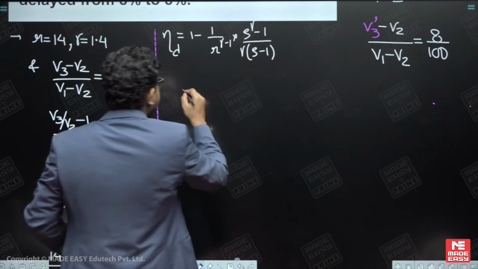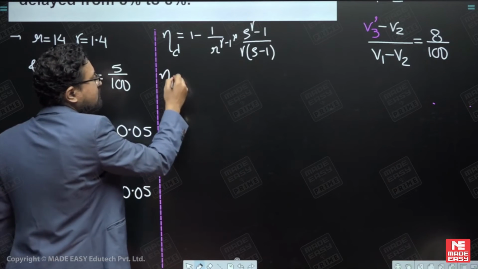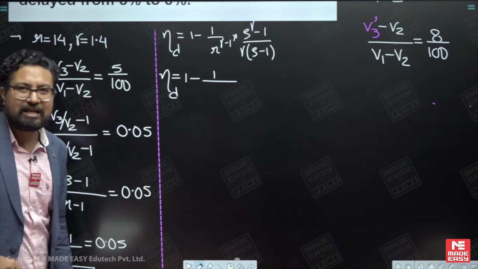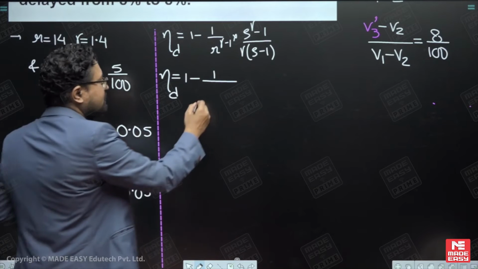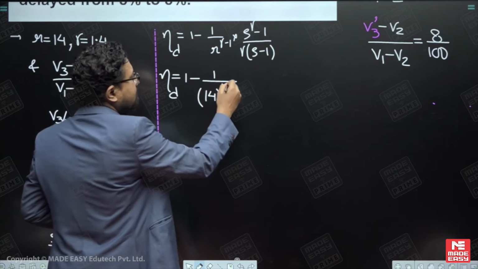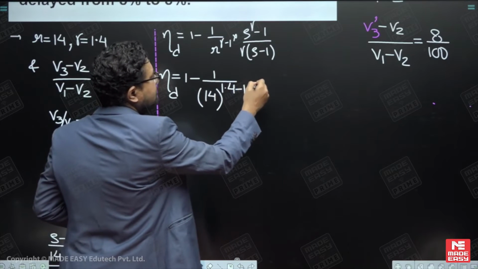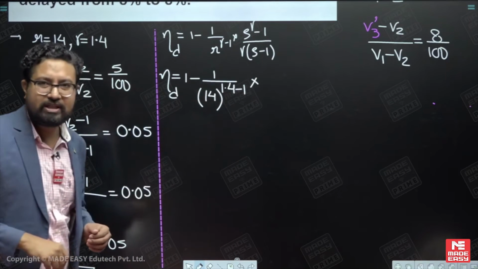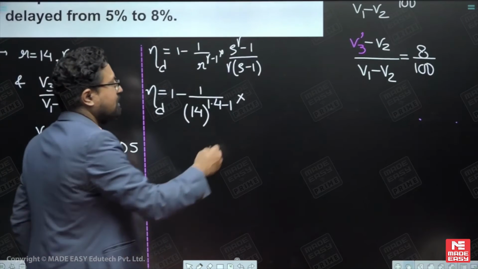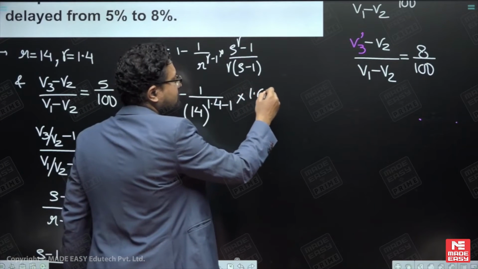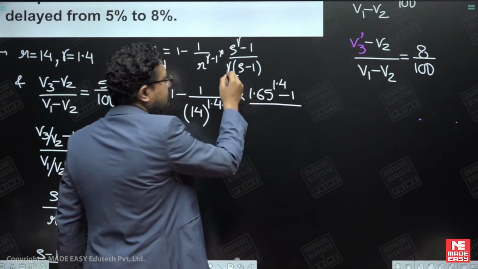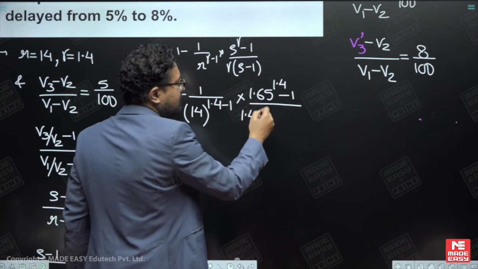The compression ratio R is 14, so 14 to the power gamma minus 1, with gamma 1.4, into rho, the cutoff ratio, 1.65 to the power 1.4 minus 1, upon gamma, 1.4, into rho minus 1, that is 1.65 minus 1.